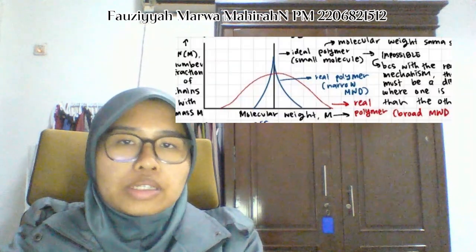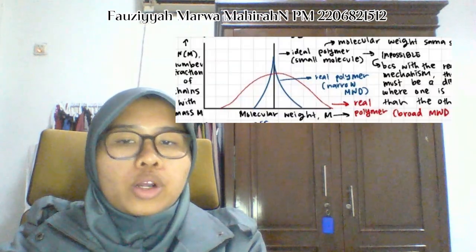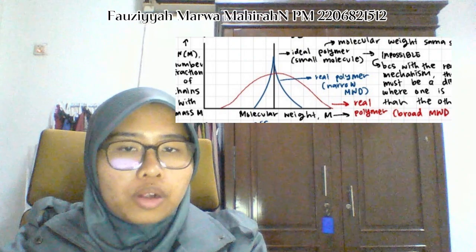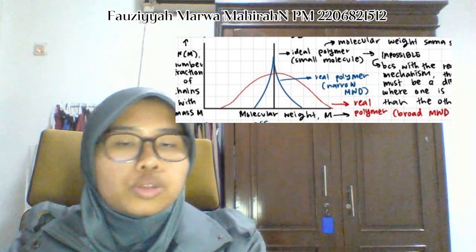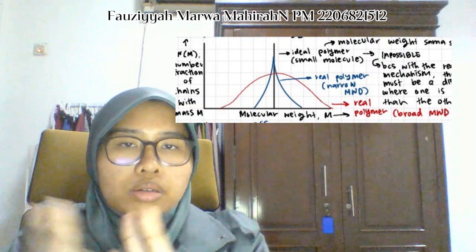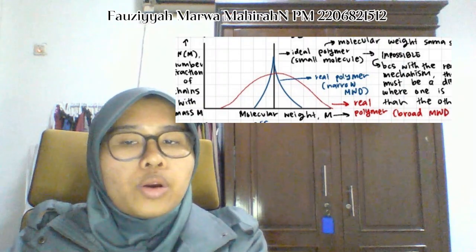Now we all know that a polymer is a repeating chain of monomers, but even though it's repeated, they aren't the same because the weight isn't the same. Well, ideally, it should be the same, but that is impossible. You can see from this graph, there is a range of molecular weights present in a polymer sample. There is something called molecular weight distribution, and it's divided into 2, narrow and broad.